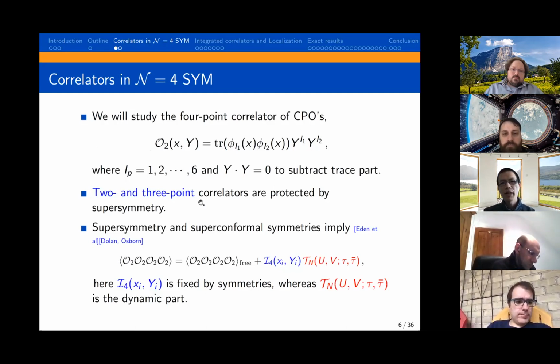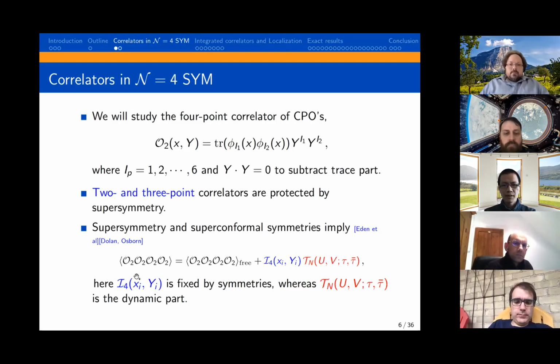It is well known that the 2-point and 3-point correlation functions of this operator are protected by supersymmetry, in the sense that you can compute them by Wick contraction and the answer is correct to any order. The first non-trivial one is the 4-point function. It is convenient to write the 4-point correlator as a free part, namely by Wick contraction, and the remaining part is the one we will be studying.